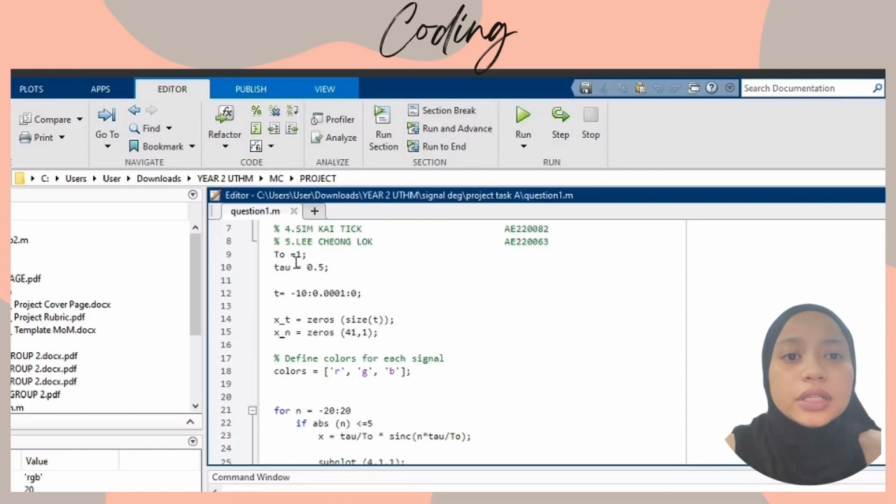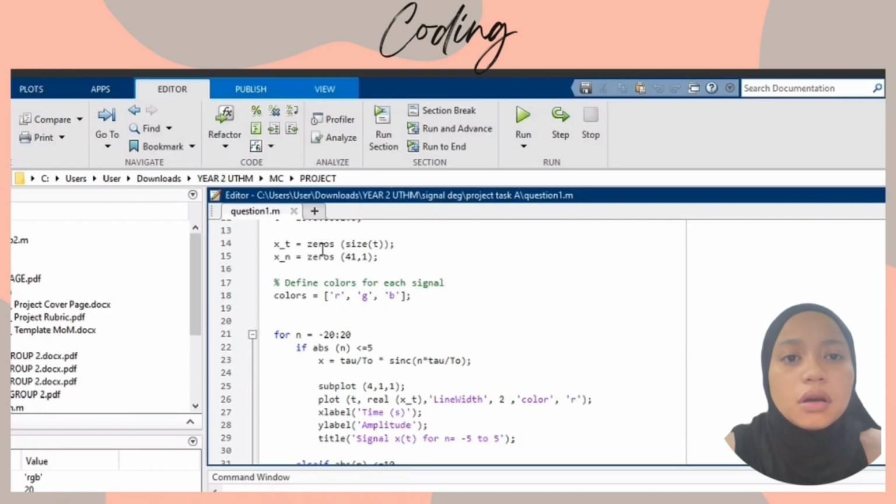Then T0 is equal to 1, and tau equals 0.5. We have set the T equals to -10. The x(t) we have mentioned here, and for x1, we have also specified the colors of the graph.